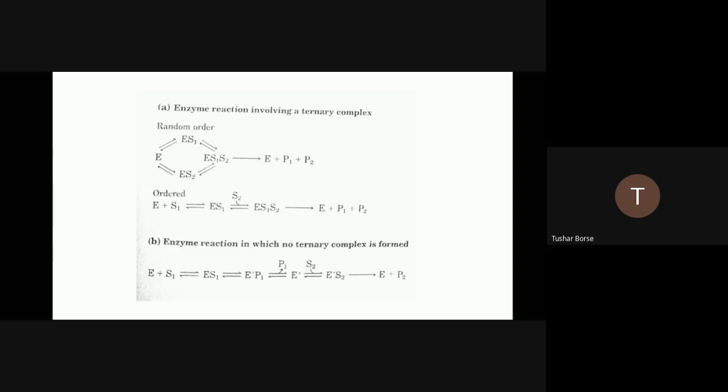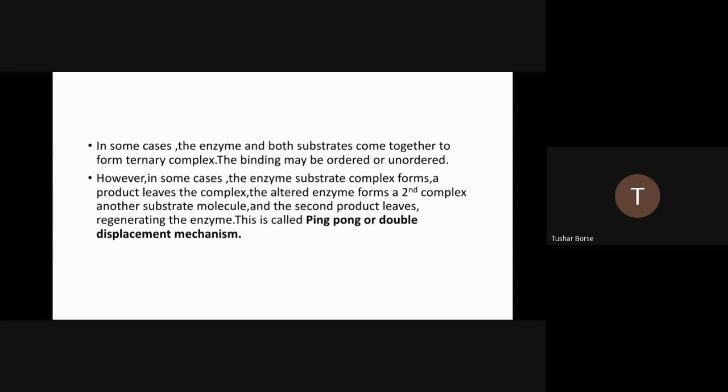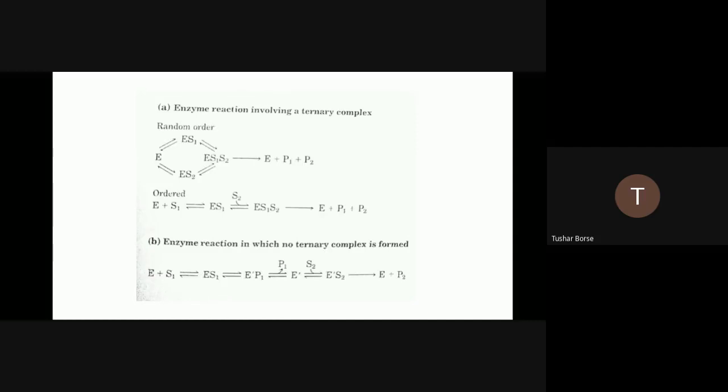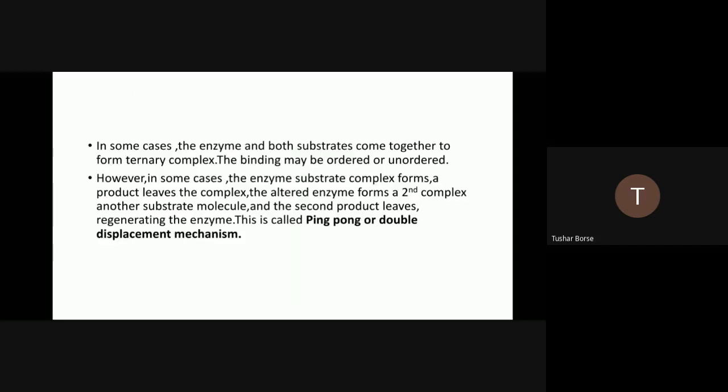Then the second substrate is coming, and that complex is converting into free enzyme and that particular product. So the second case, where a ternary complex is not forming, is called a ping pong or double displacement mechanism.